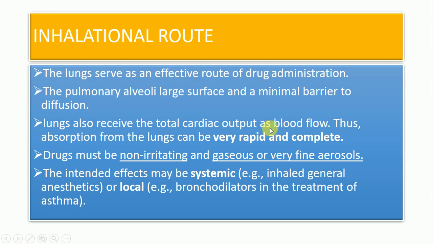So this is one of the important factors that make the lungs an effective route. Thus, if the total cardiac output goes to the lungs, absorption from the lungs can be very rapid and complete because of the blood flow there.